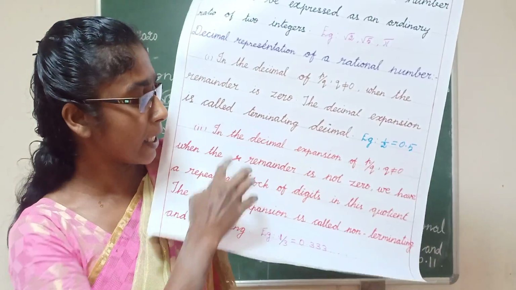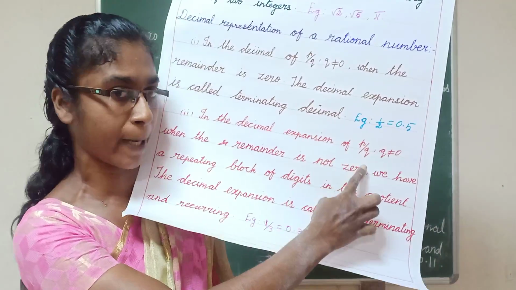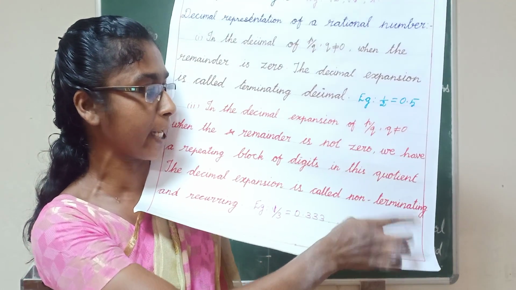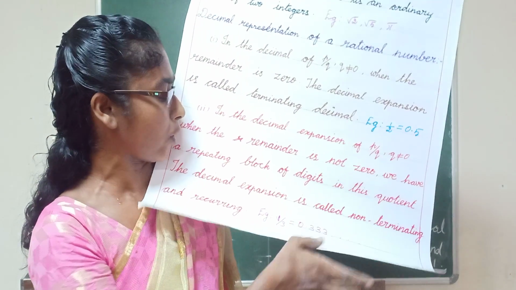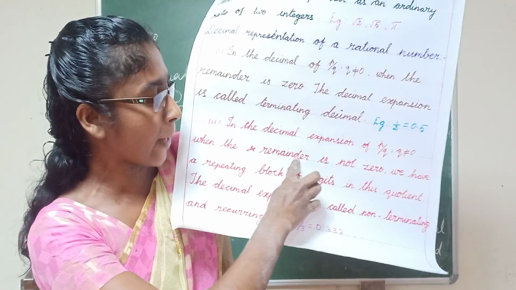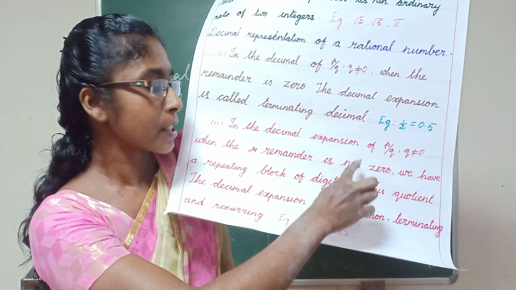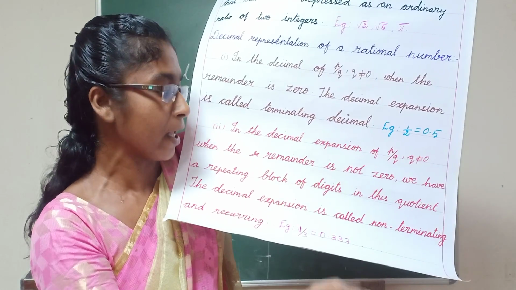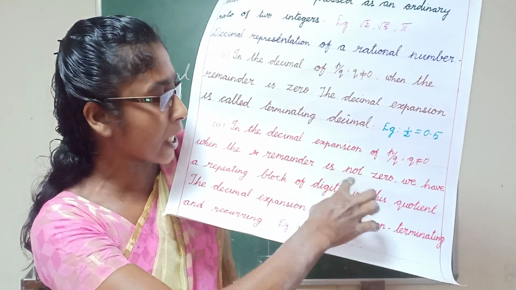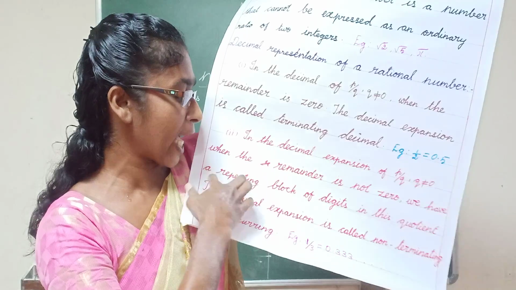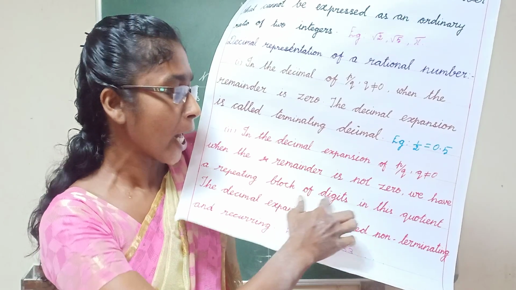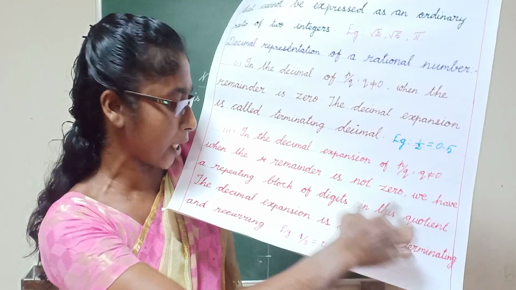Next, in the decimal expansion of p by q, q not equal to 0, when the remainder is not 0, some numbers when we are dividing with the decimal, the remainder will not get 0. We have a repeating block of digits in the quotient.